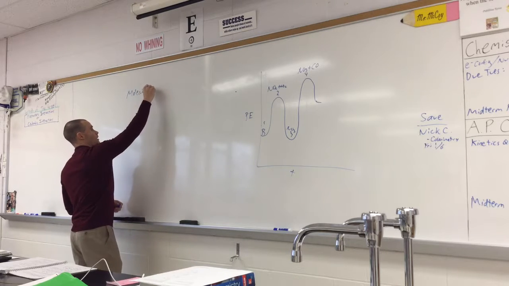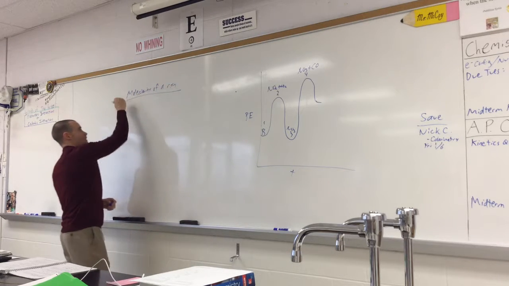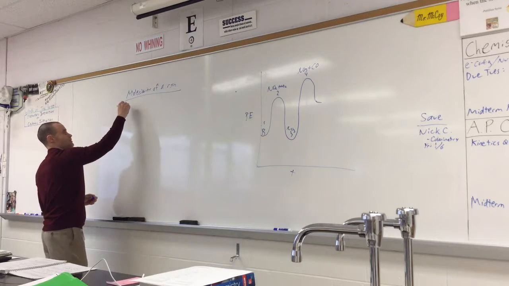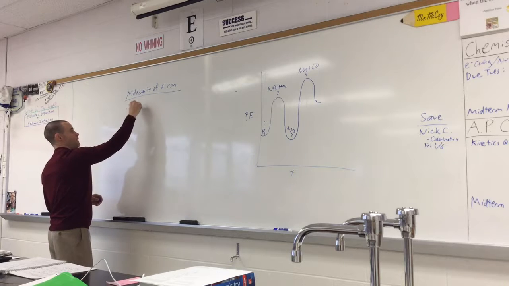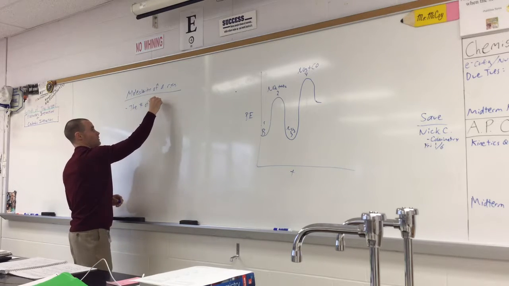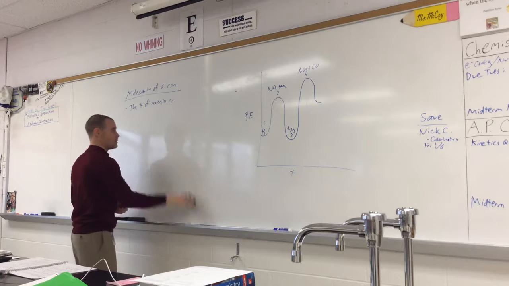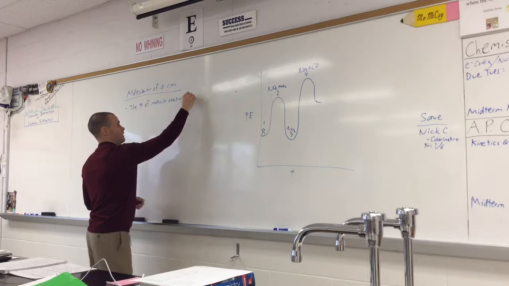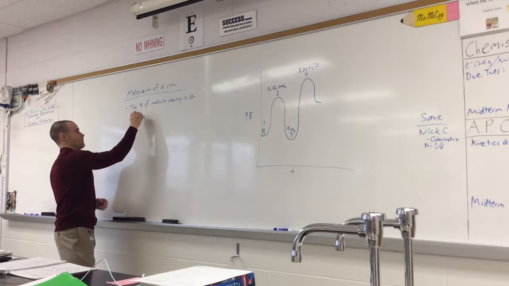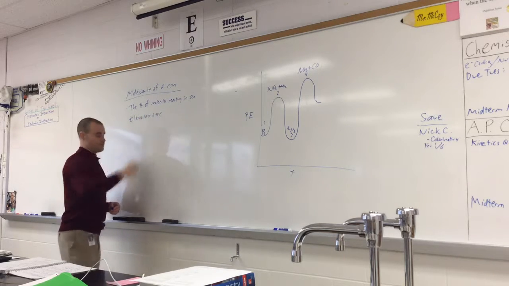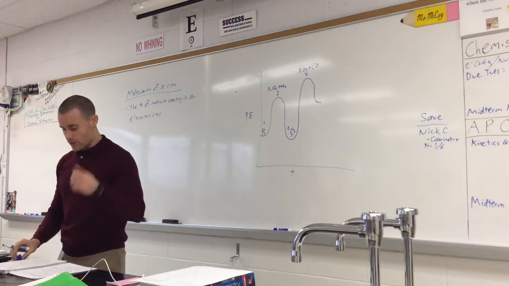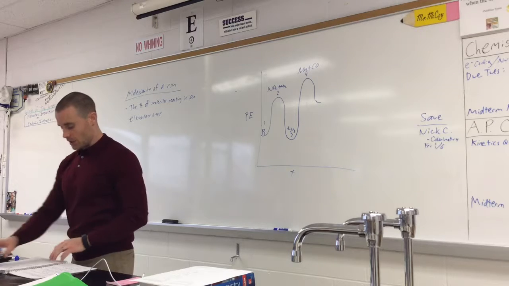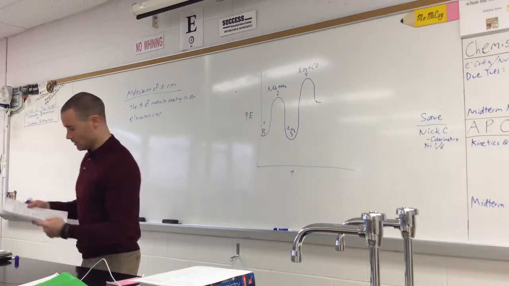Molecularity of a reaction is the number of molecules reacting in an elementary step. So you have unimolecular, bimolecular, and termolecular, which is pretty rare, so we don't even need to get into that.